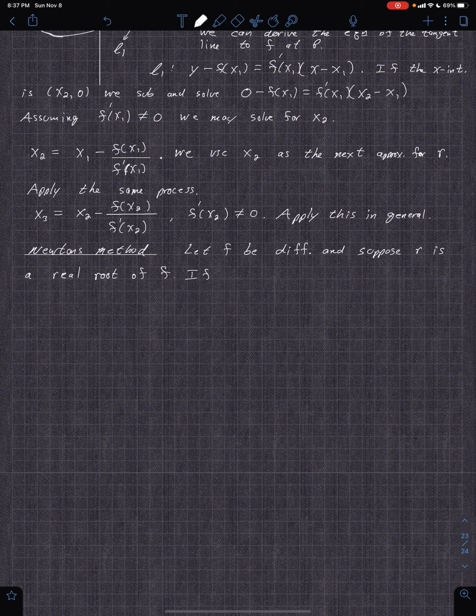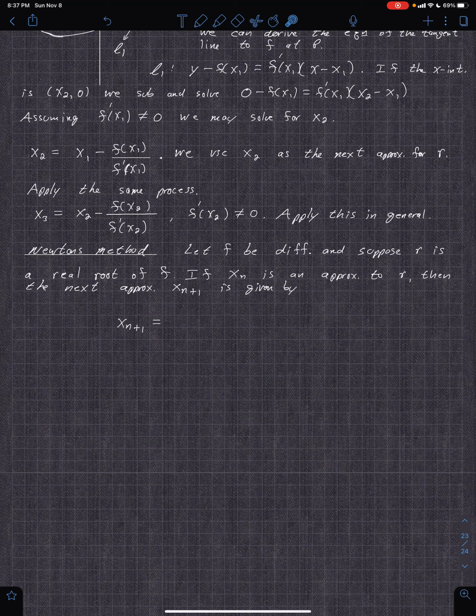Then if x sub n is an approximation to R, then the next approximation x sub n plus 1 is given by, well, it's the same process, right?